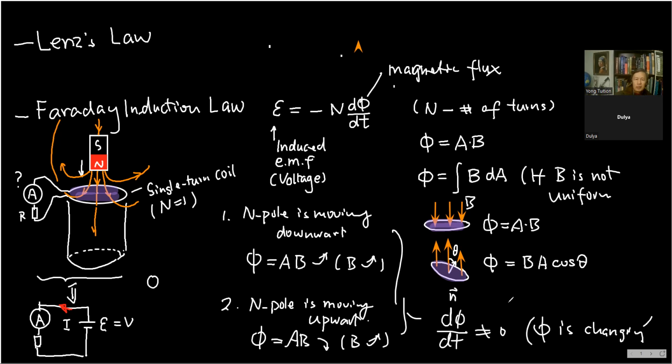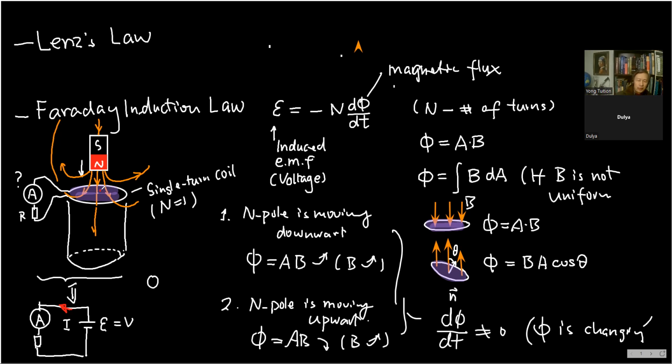So Lenz said, well, I can tell you. Consider the first scenario, the North Pole is downward. In this case, Lenz's law says there is an induced current, an induced magnetic field, to stop or reduce the change. Can you see?